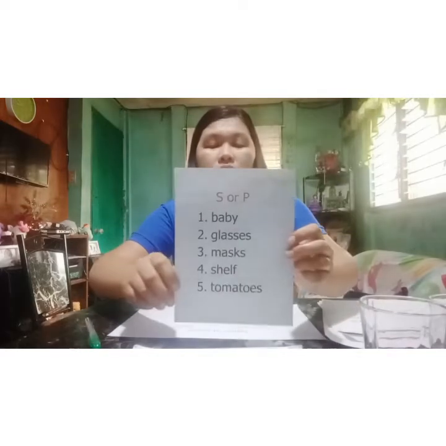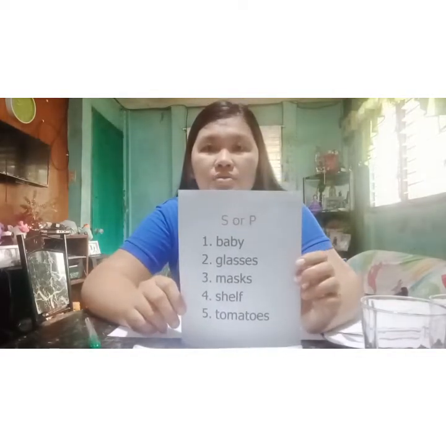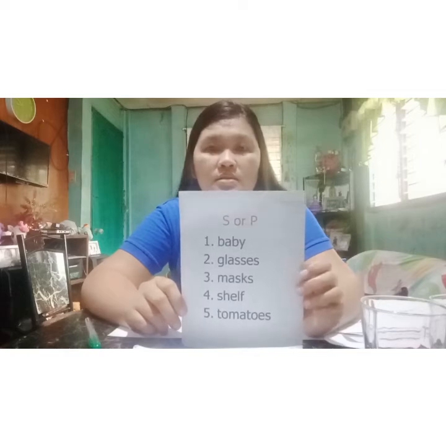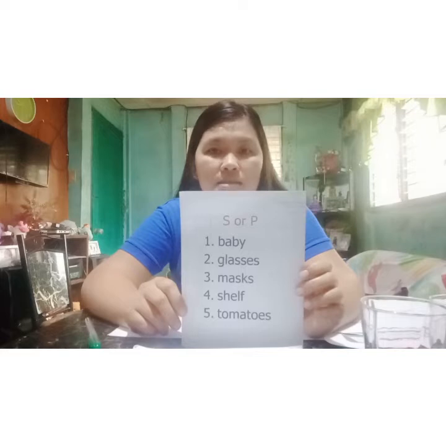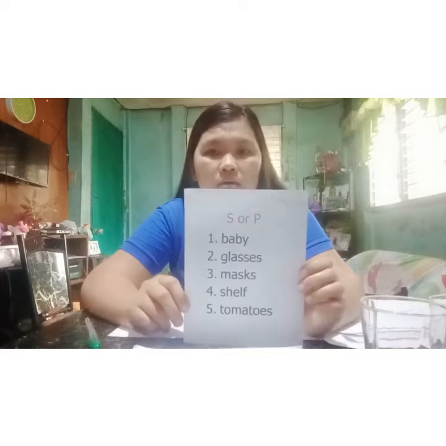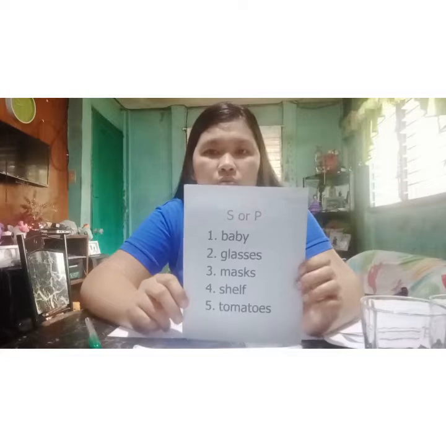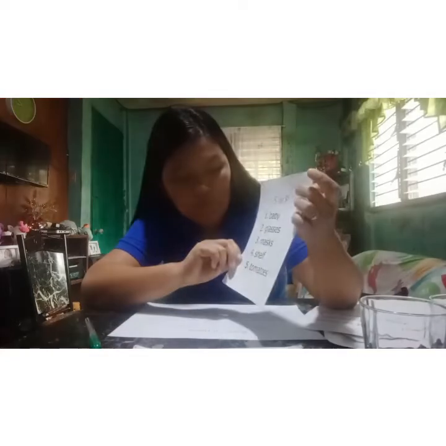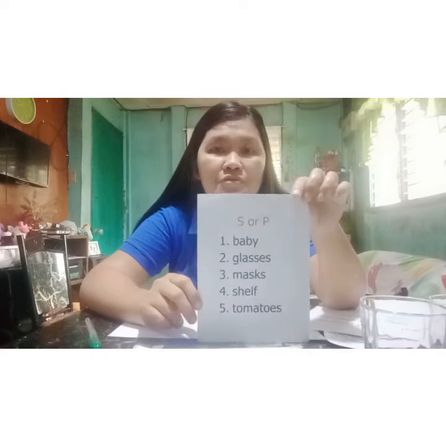Okay? So we have number 1, baby. 2, glasses. 3, mask. Number 4, shelf.